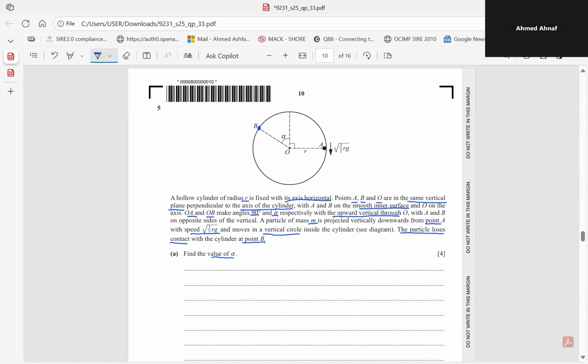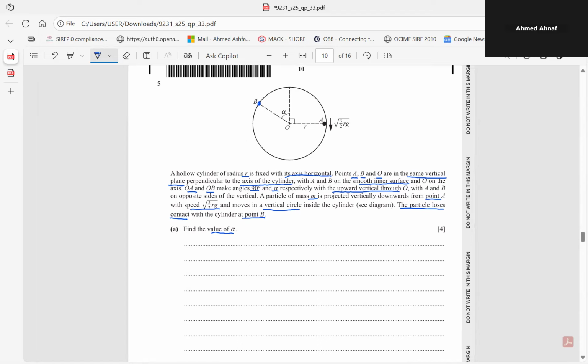Okay, so for any vertical circles question, you are supposed to solve it in terms of energy as well as forces. So first of all, we're going to use conservation of energy and calculate the energy at both A and B. So let's first calculate the energy at A. We're going to calculate the GPE relative to this horizontal line where A is.